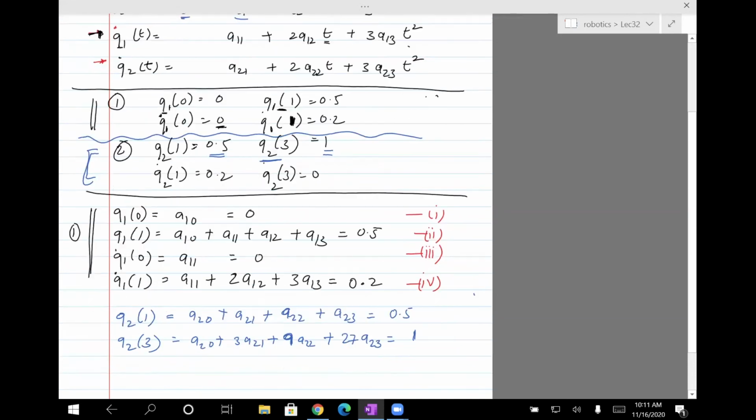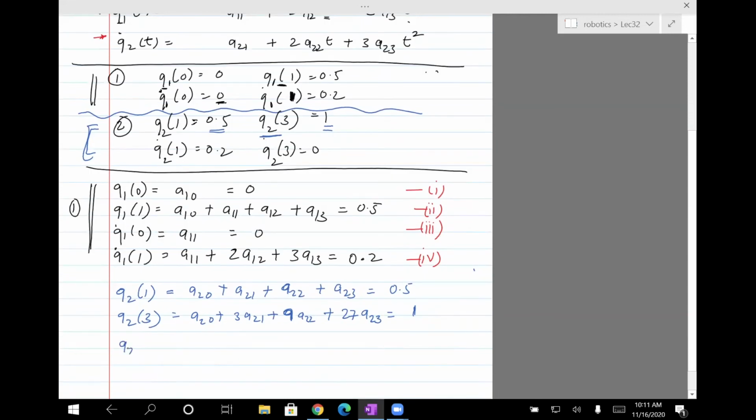Okay, that looks fine. Now let's move on to q2 dot at 1, which is the seventh condition. I put t equals 1 and I get a21 plus 2a22 plus 3a23 equals 0.2.